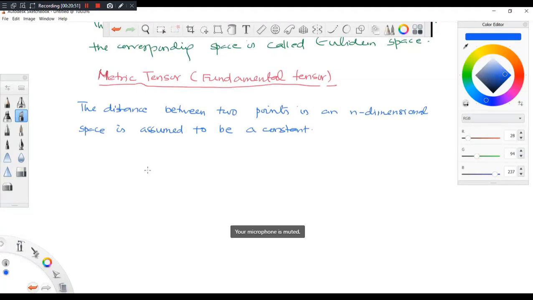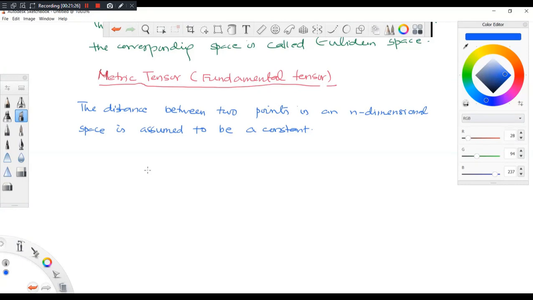I can use a Cartesian coordinate system, x and y, or I can use a polar coordinate system, but the dimension is 2. If I consider two points, I can measure the distance between them using Cartesian coordinates, and I can also find it using polar coordinates. Then the distance will be the same. Distance is not going to change, so it is a constant. In any coordinate system, the distance between two points will always be a constant.